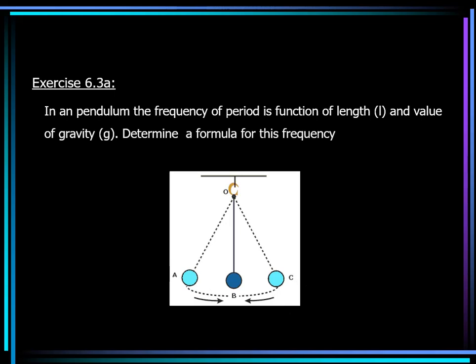Let us see. I have already put the question on your blackboard. The same question: there is a pendulum and we have to derive the formula for this physical phenomenon.